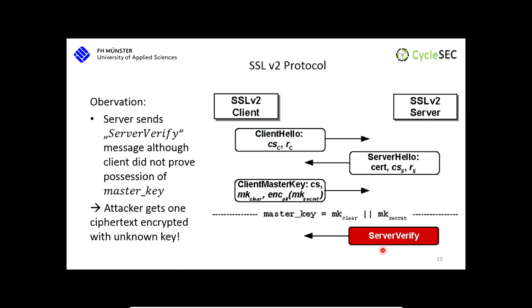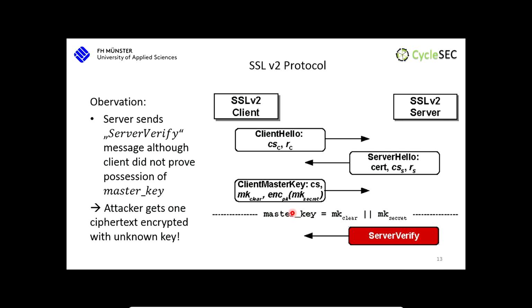That means the client gets one ciphertext. So the server verify is an encrypted message with a key, so with that master key that both client and server should know by now. The client gets this message without proving that it has the same symmetric key. In SSL version 3 and in TLS, this is different.